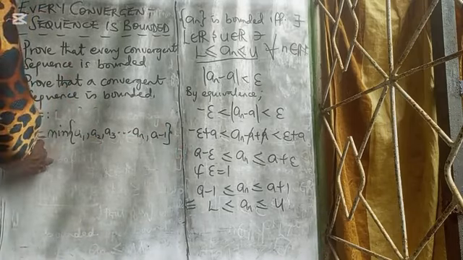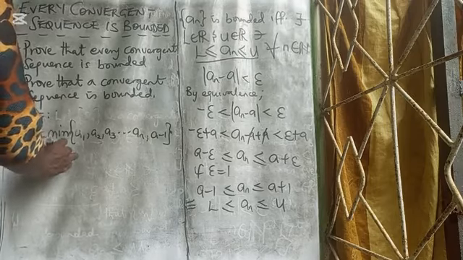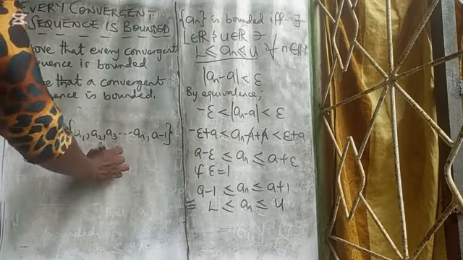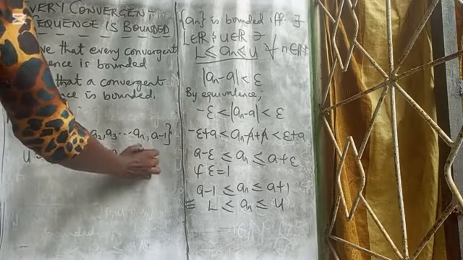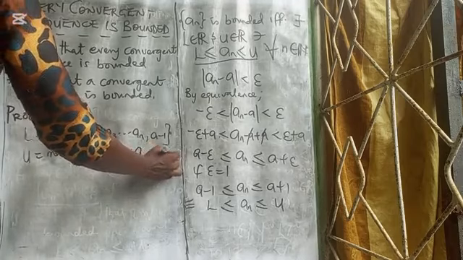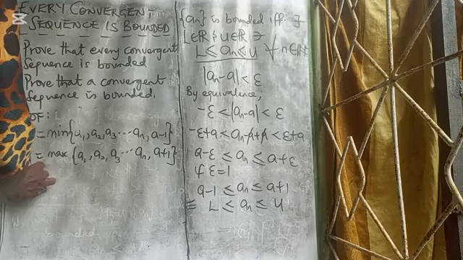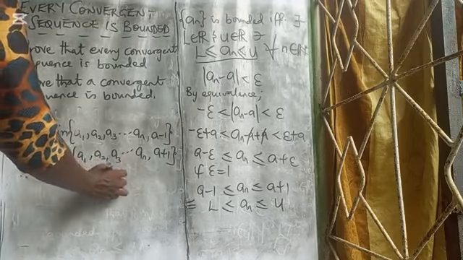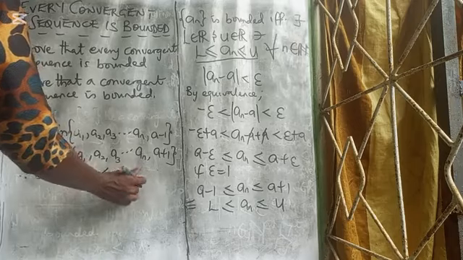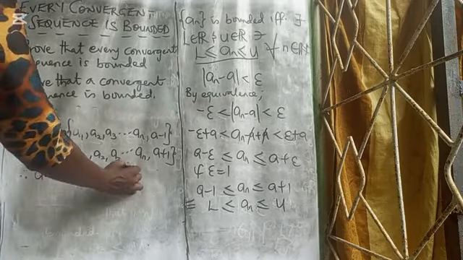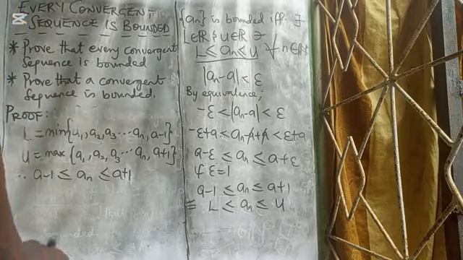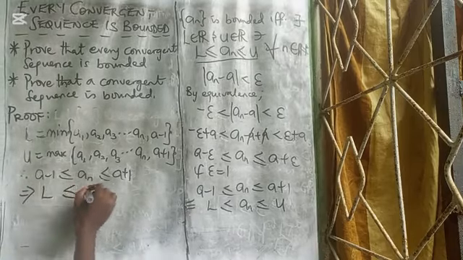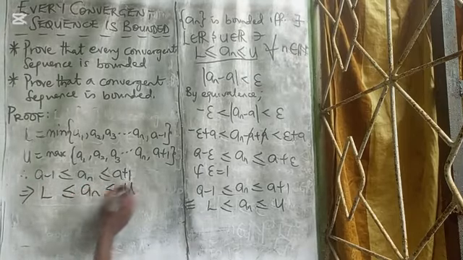And we can also define the upper bound to be the maximum of A1, A2, A3, down to AN, and down to A plus 1. Therefore, truly, our lower bound is less than or equal to A sub n, less than or equal to the upper bound. And that is our definition for bounded sequence.